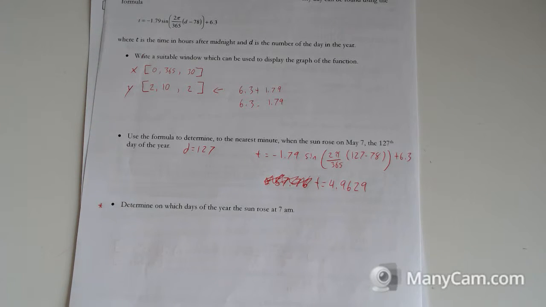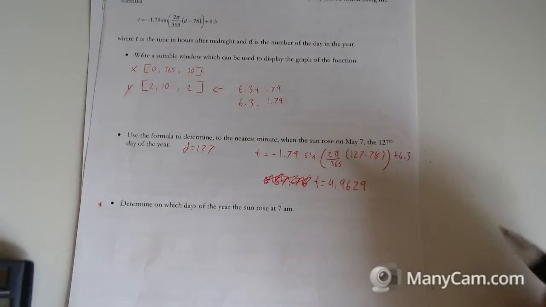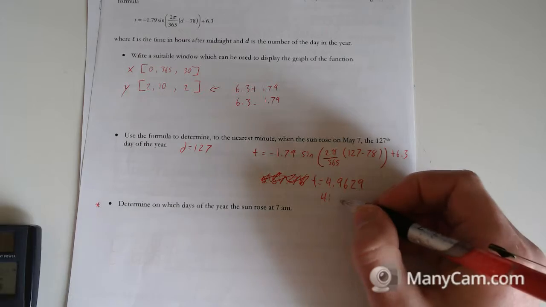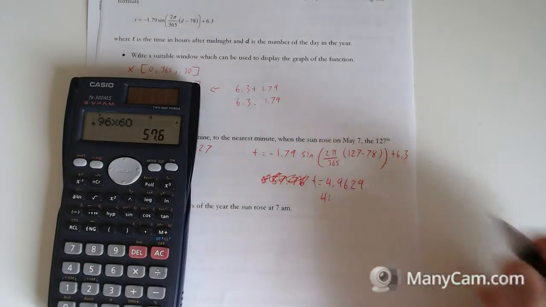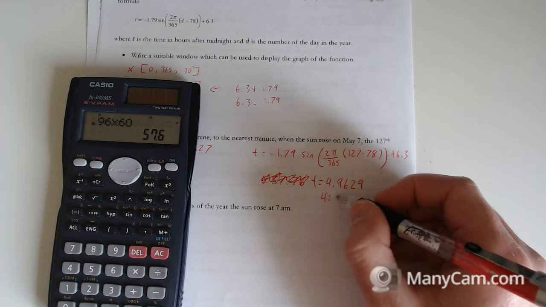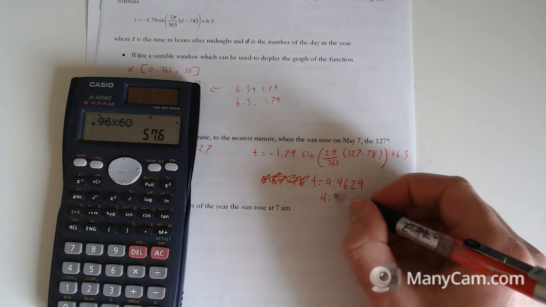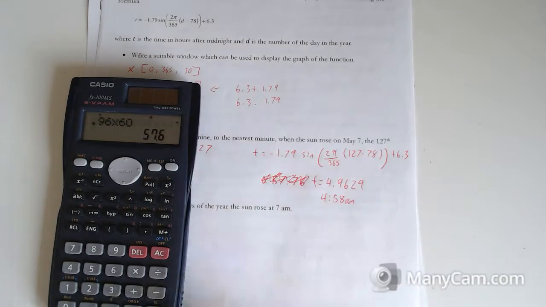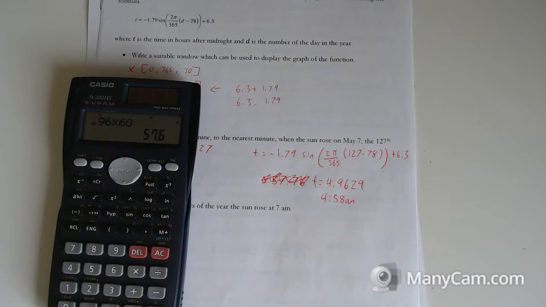So 0.96 times 60 is roughly 58 to the nearest minute after midnight. So 4:58 a.m.